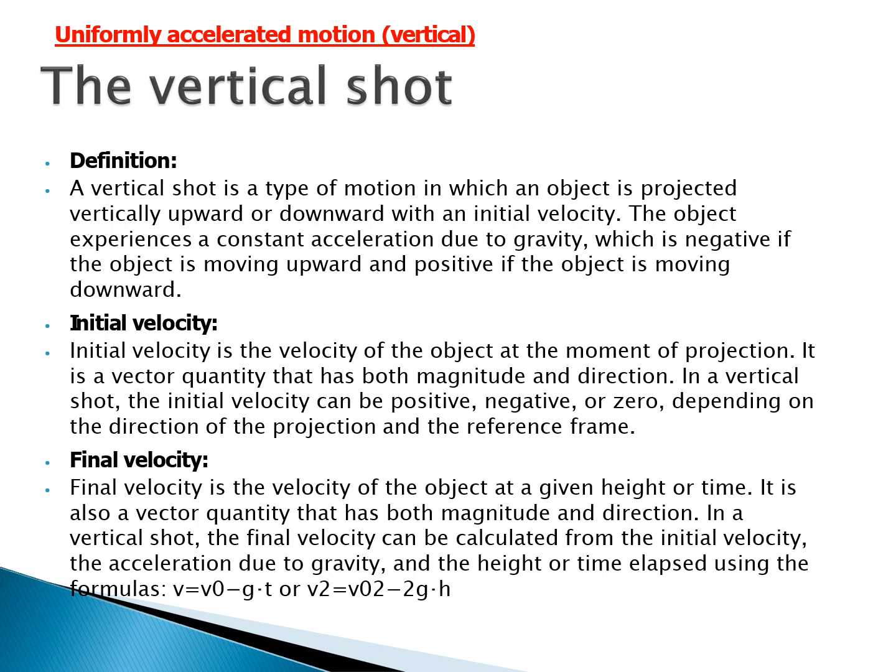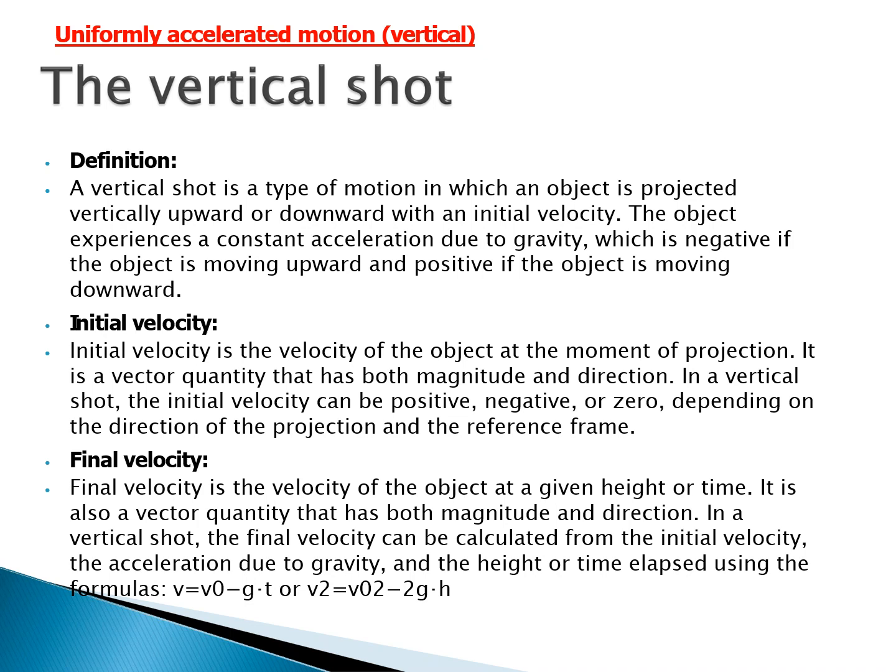Mathematical expressions. The mathematical expressions for vertical shot are: position y equals y initial plus v initial times t minus 1 divided by 2 g times t squared.